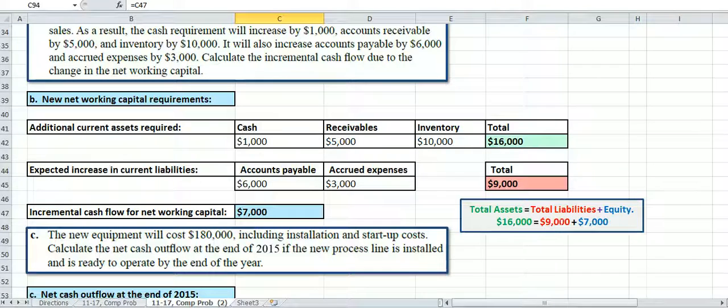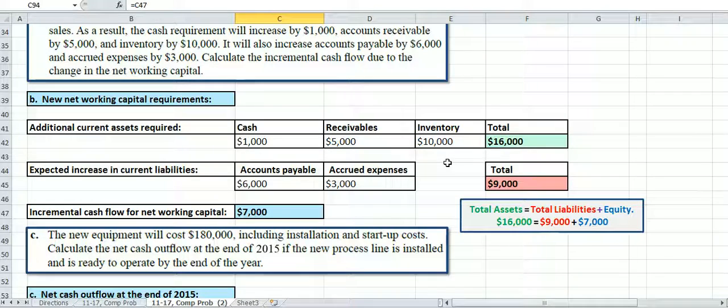So we said, let's just assume we borrowed this for our new additional $10,000 right here in inventory.